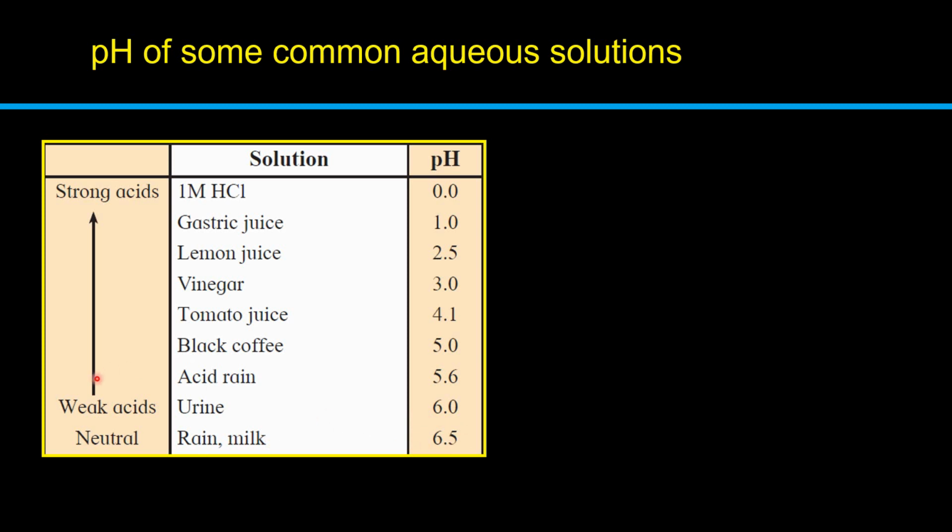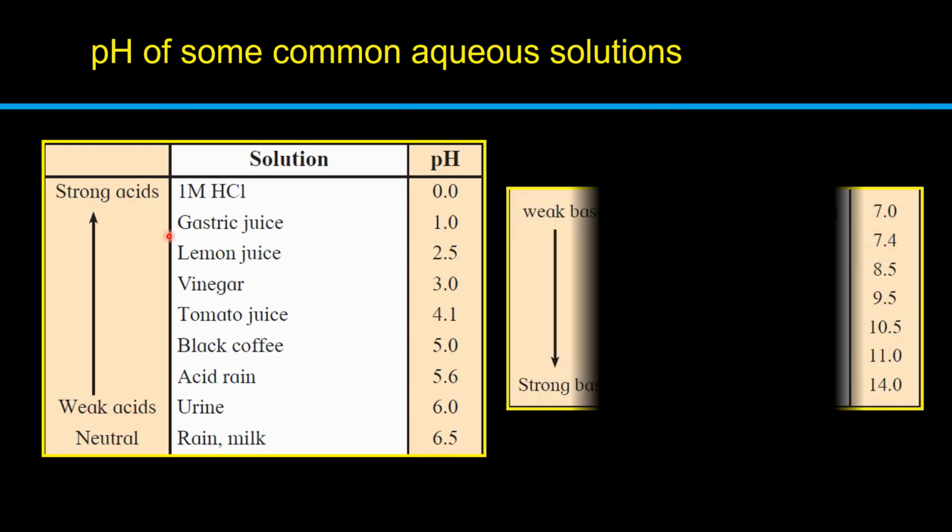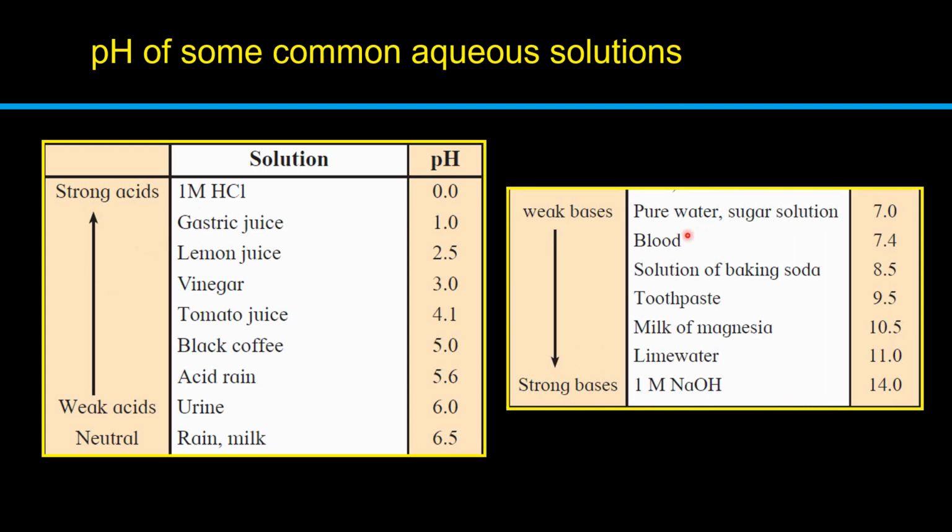If you see, it is gradually increasing from strong acid to weak acid. Then if you see the pH of pure water and sugar solution, it is 7, they are neutral. The pH of blood is basic, 7.4. Solution of baking soda is 8.5. Our toothpaste we are using is 9.5. Milk of magnesia is the one given in a tonic form to reduce the acidity of the stomach.